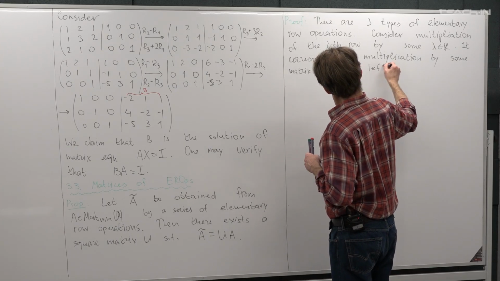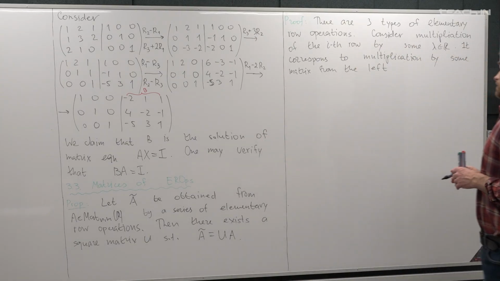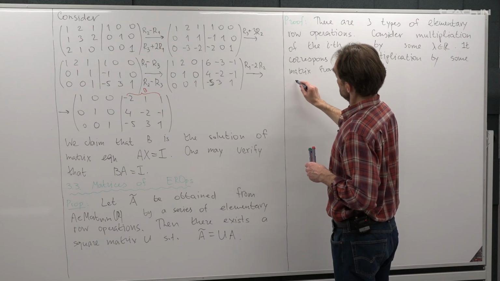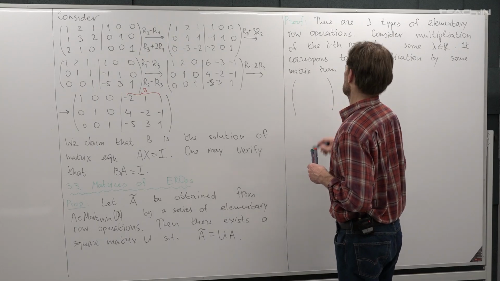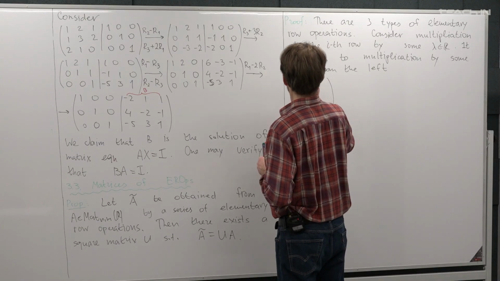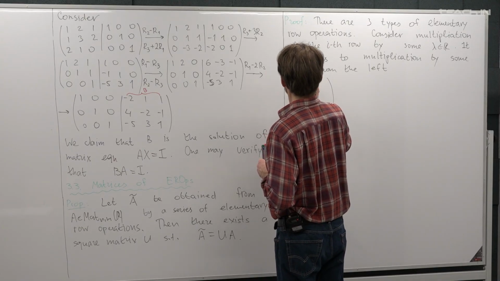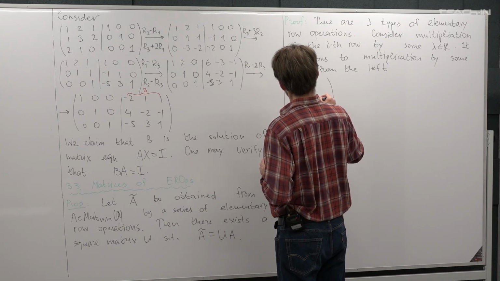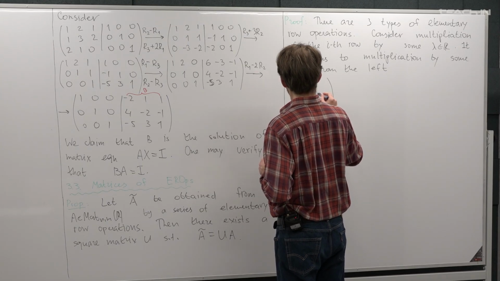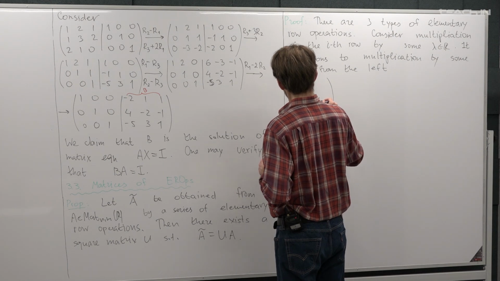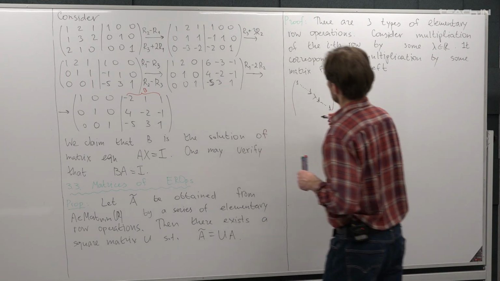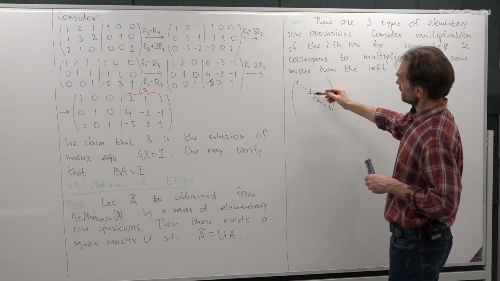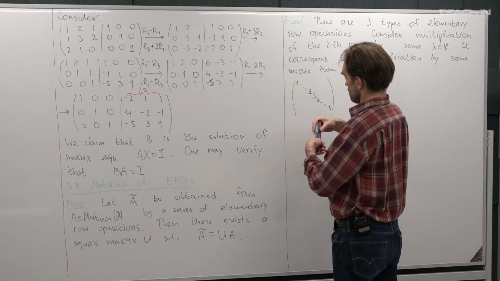I'll just write down this matrix explicitly. So consider a matrix that has 1 everywhere on the principal diagonal besides lambda in the ith row, and then so here we have 1, 1, and here in all positions we also have 1. So the only element on the principal diagonal that is not 1 is just on the ith row.